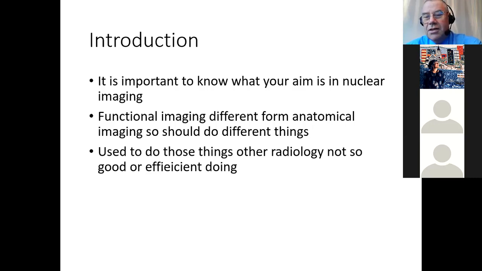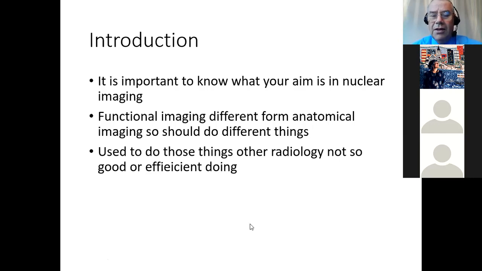So the first thing is, whenever we're doing imaging in nuclear medicine, we need to know why we're doing it. This is really important in oncology because it's all about when we scan the patient and what we are aiming to do. With functional imaging, we are looking at things differently than with anatomical imaging. Though we have some functional resolution, we don't have the same kind of anatomical resolution as we see with some PET tracers.